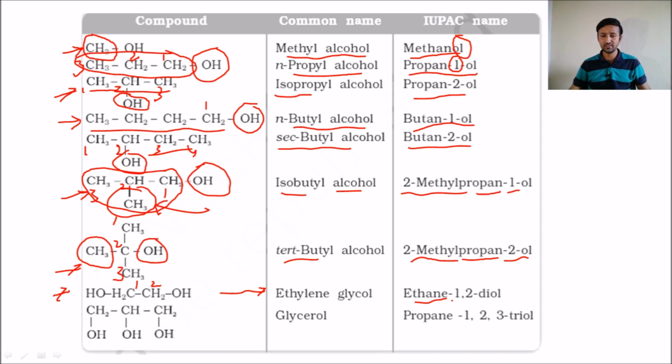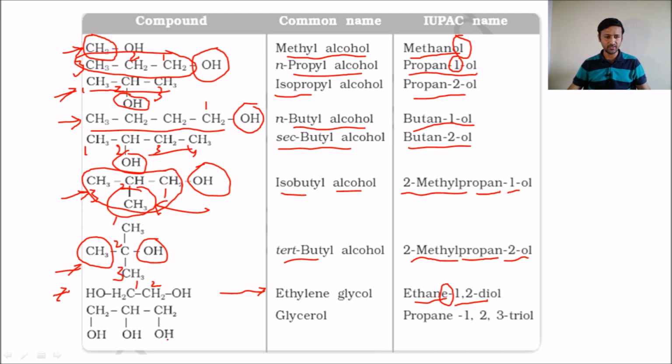So it is said to be ethane-1,2-diol. If any alcohol has more than 1 hydroxy group, remember in that case we need to retain the terminal E of the corresponding alkane. So the IUPAC name will be ethane-1,2-diol.